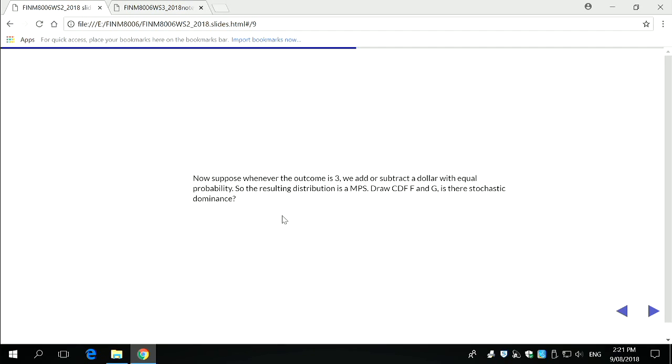In terms of expectations, these two games have the same expectation. Same expectation, but the outcome is more spread, so this is a mean preserving spread. Which one would you choose, lottery F or lottery G?